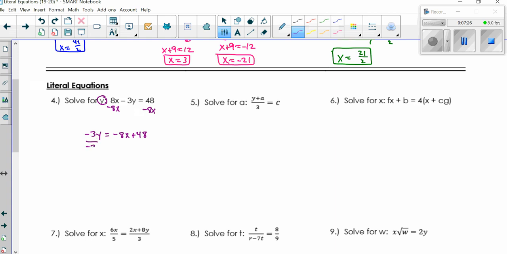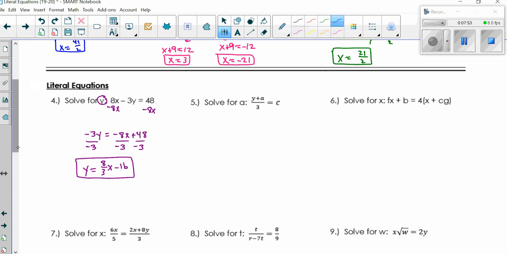I need to divide by negative 3 here, and that means I need to divide all of the terms by negative 3. That's going to leave me with y equals 8/3 x minus 16. And you can see I'm leaving it as 8/3. I'm not rounding it, not making it something with a 3 repeating. Also it's linear, so with linear, I always want to leave it in slope-intercept form. So rise over run.